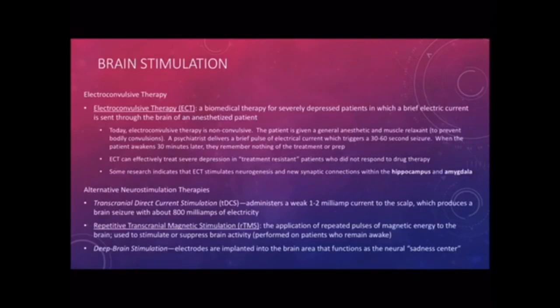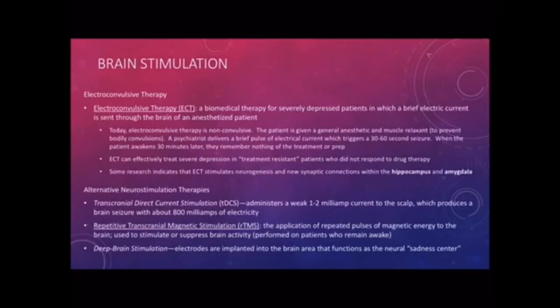And this can be done on patients who are awake because it's not invasive. It's all on the scalp. So both of those first two are on the scalp, but the difference is tDCS is just a constant current, whereas rTMS is repeated pulsations.